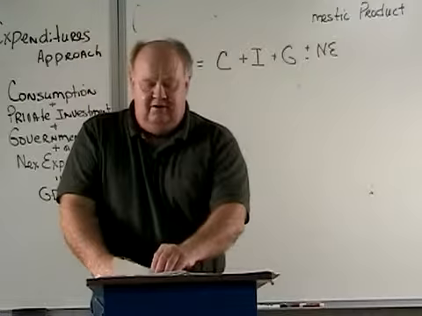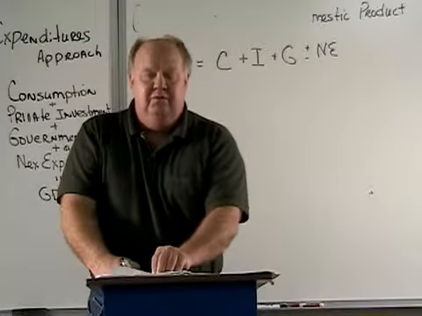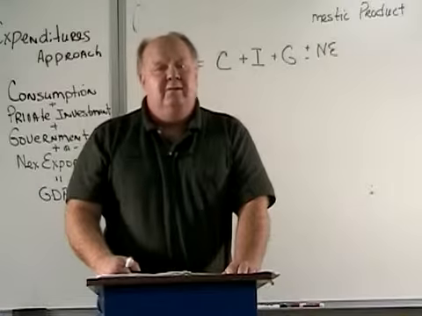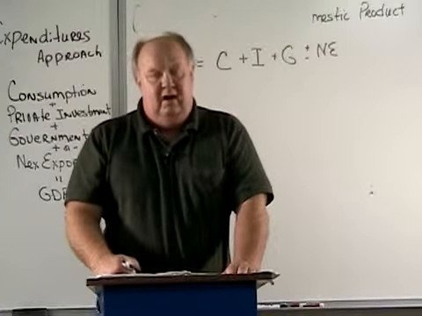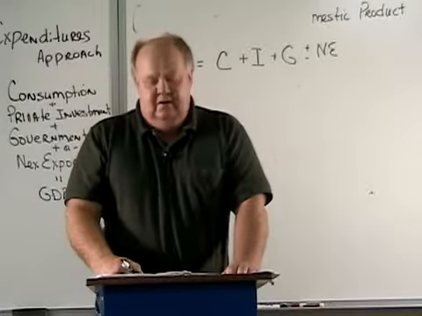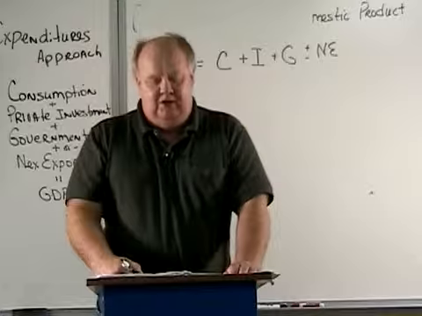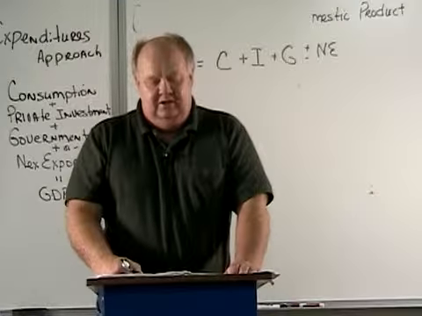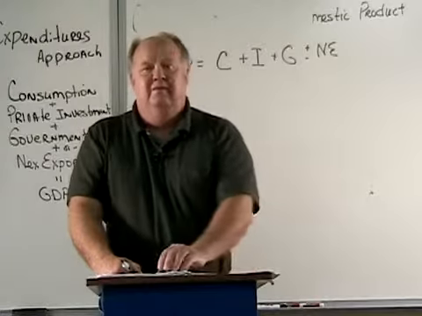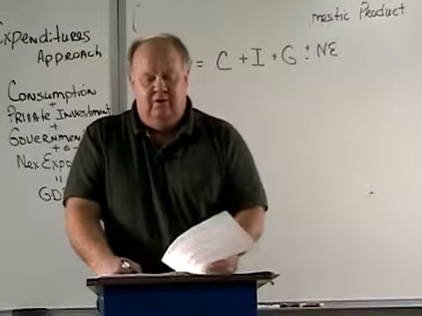Another section of this chapter deals with unemployment, and our book highlights 4 types of unemployment. Frictional unemployment, those people that are just between jobs or returning or starting a new job. Seasonal unemployment, those people that have an off-season during their work.